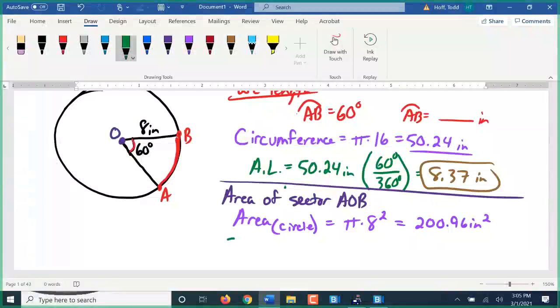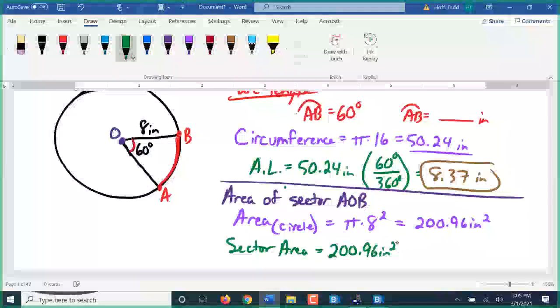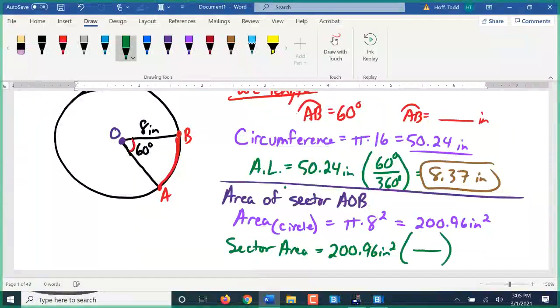Find my sector area. Take that area of the whole circle and I multiply it by the ratio, because it's still 60 degrees out of the whole 360 degree circle.